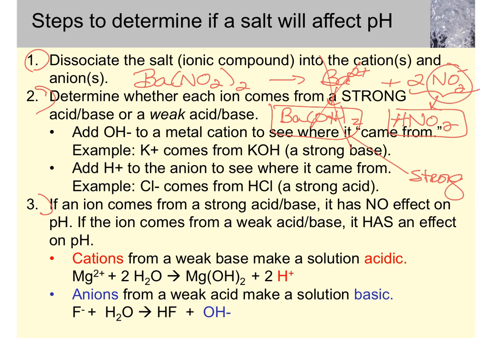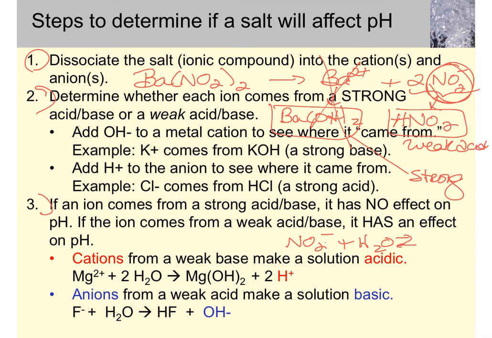The nitrite comes from nitrous acid, which is a weak acid, which means the nitrite ion will have an effect on pH. So let's look at what that nitrite will do.